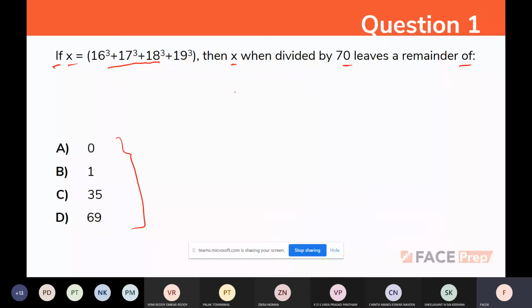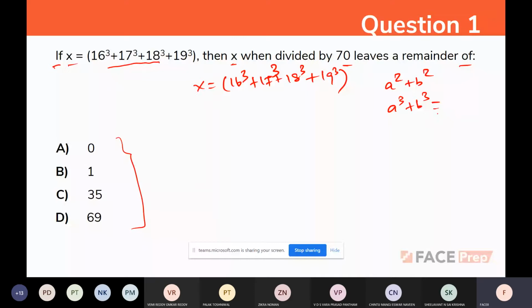17 cube plus 18 cube plus 19 cube. When you see this kind of question which has a form like a square plus b square, or a cube plus b cube, we know expressions for these formulas, right? So that is the approach we can go with this question.